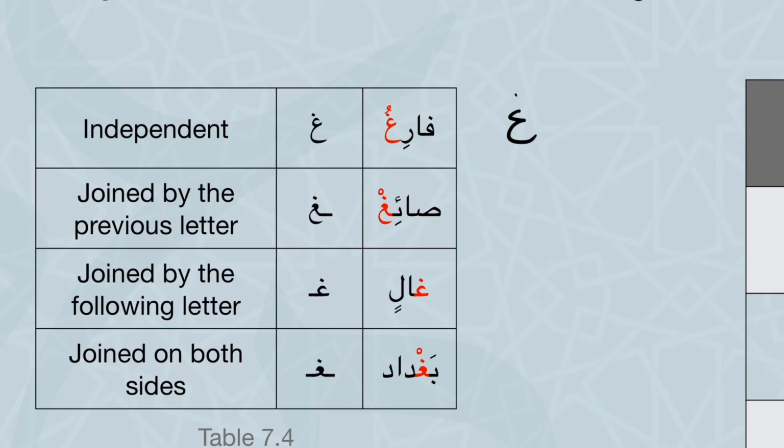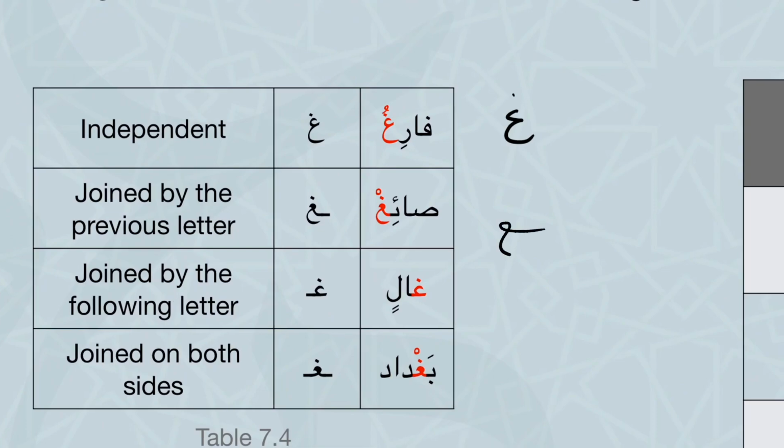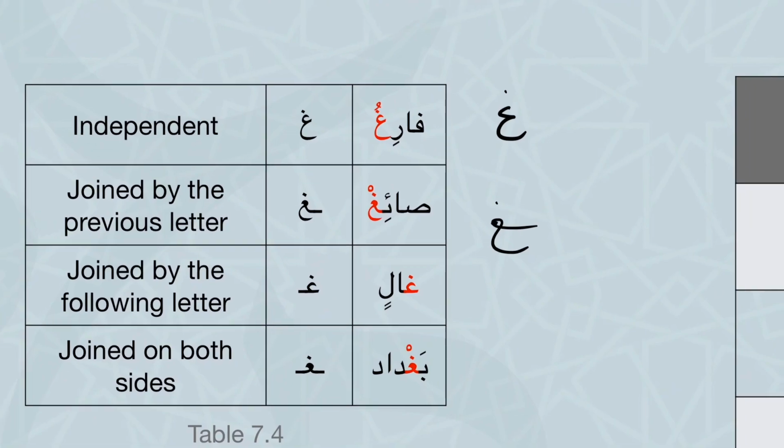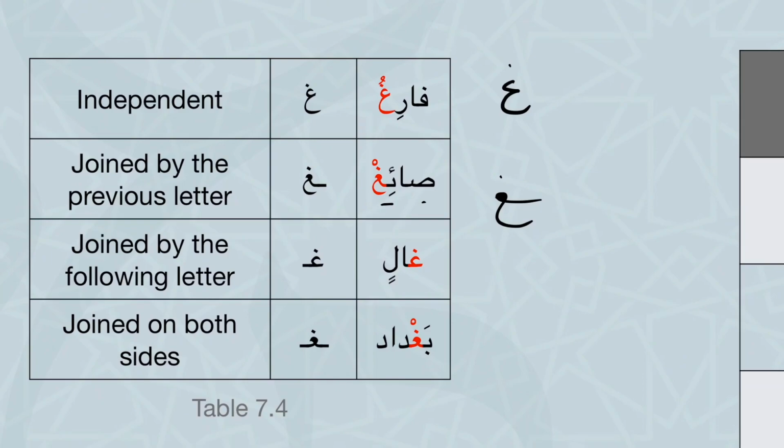Next one is basically we close the head of the ayn or the ghain, and you can fill it or not, it's all up to you. Sa'igh. And the ghain also is like the ayn, but with a dot on top, so it's ghal.